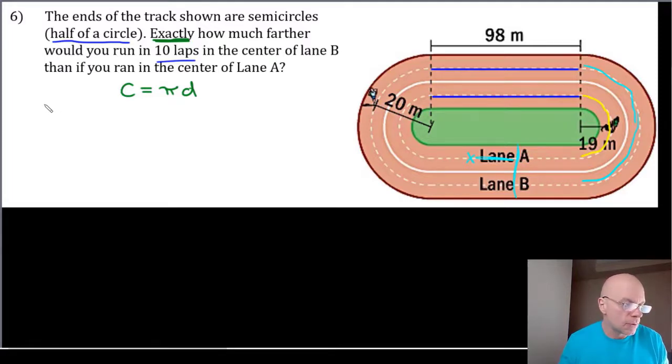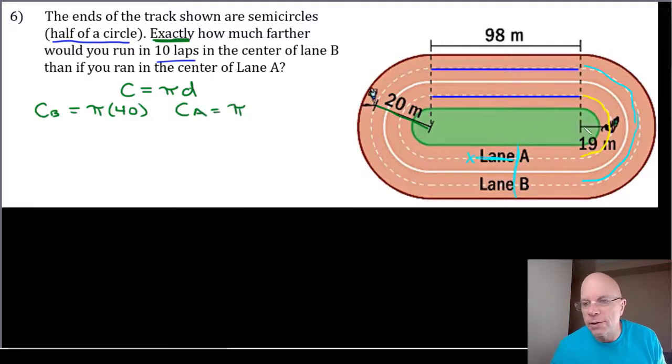And then I'm going to use some subscript notation to differentiate between lane B and lane A. The circumference when you're running in lane B would be pi multiplied by the diameter for lane B, and then you just have to recognize that this 20 is the radius, so the diameter would be 40. And the circumference for lane A would be pi multiplied by the diameter for lane A, which would be 19 doubled, so 38.